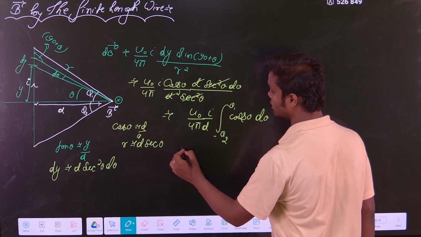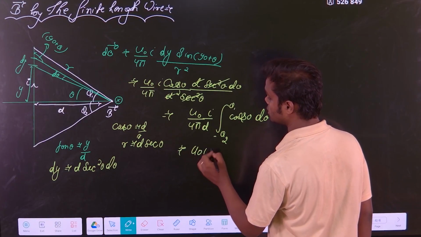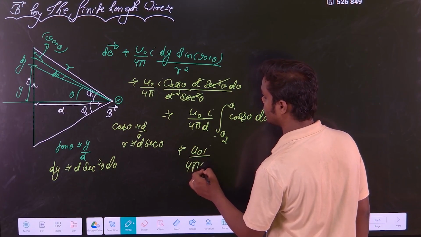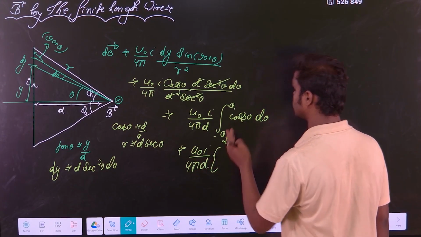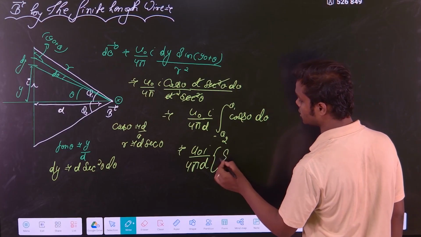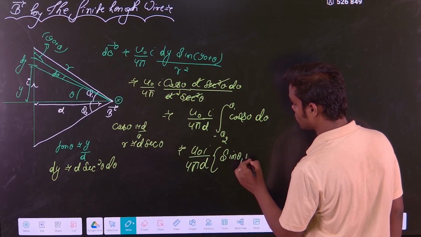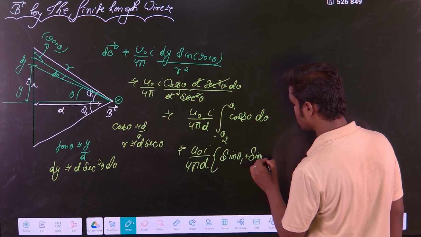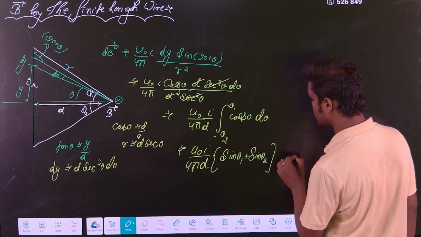Just integrate this. You know all the logic, because in electrostatics we have covered everything. The integration of cos theta is sin theta 1 plus sin theta 2. Okay, this is the answer.